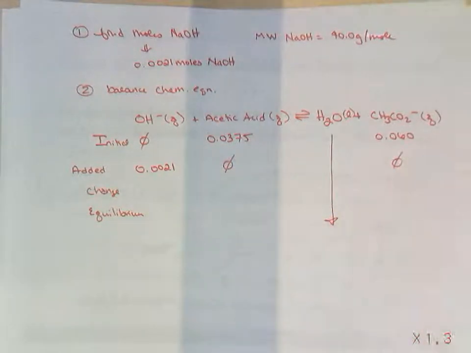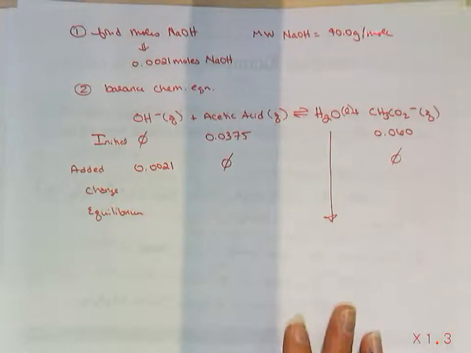Okay, looking at what I added compared to the other reactant, which one will be used up first, the hydroxide or the acetic acid? Hydroxide. So I need to subtract the hydroxide from both reactants and then add it to the products.